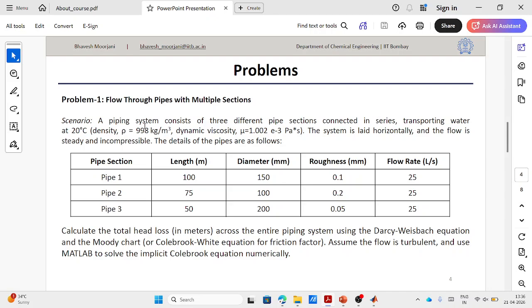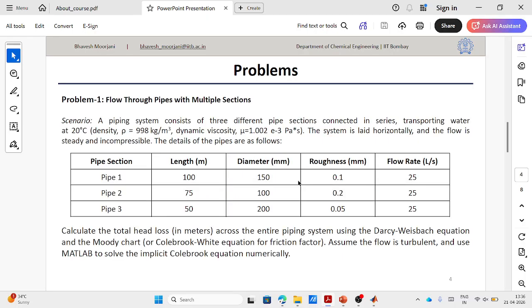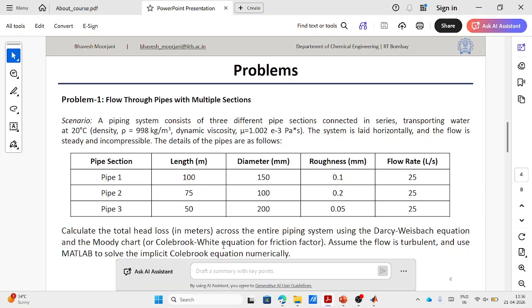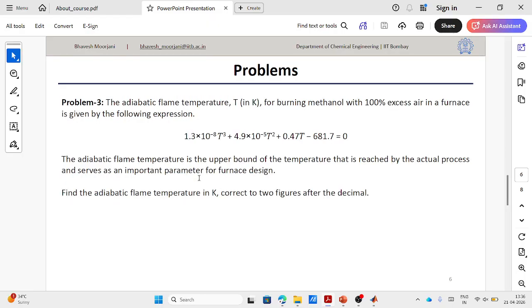We looked at the example of flow through pipes where we had to use fsolve to find the friction factor from the Colebrook-White equation, right? We looked at another example of the same where we had to find the friction factor, and from that we computed the pressure drop in the pipe.